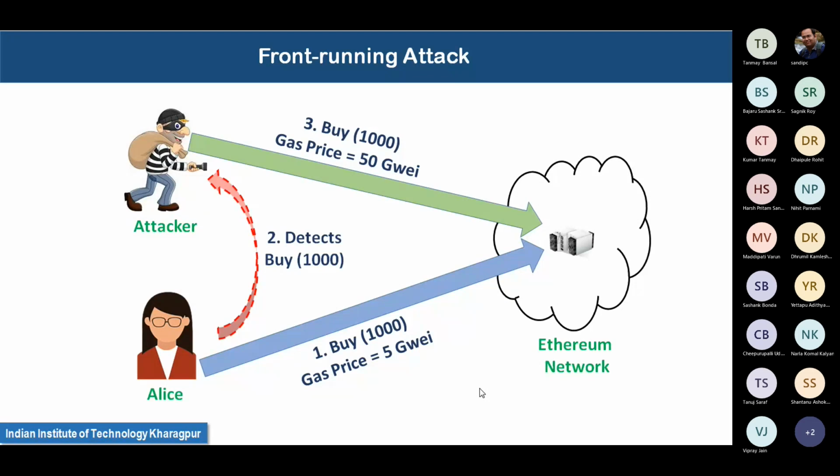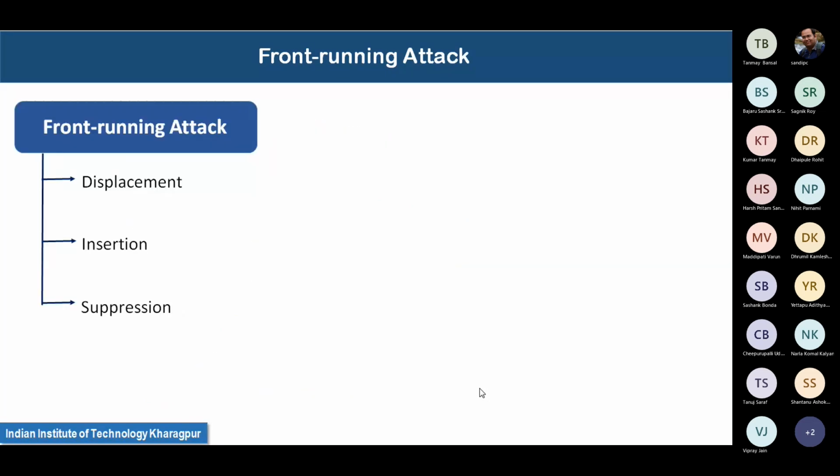So depending on the motive of the attacker and its impact on the transaction of Alice, different situations can occur, as we'll see. But the point to understand from this is that there indeed are possible ways of ensuring that by seeing a transaction, the attacker can get his transactions included before the transaction of Alice.